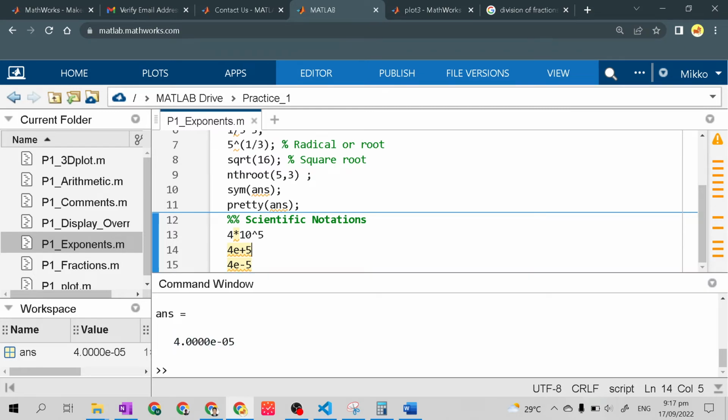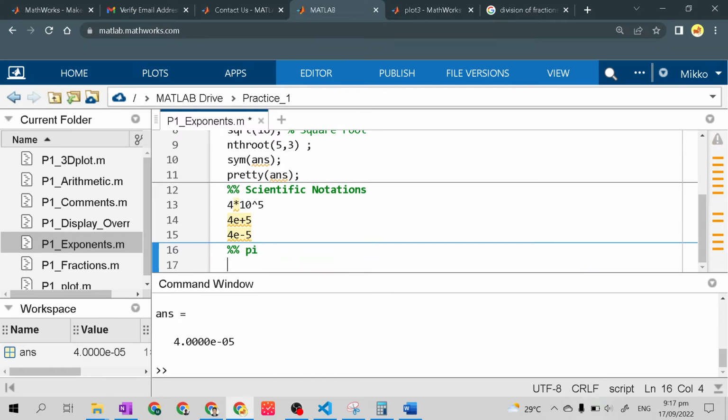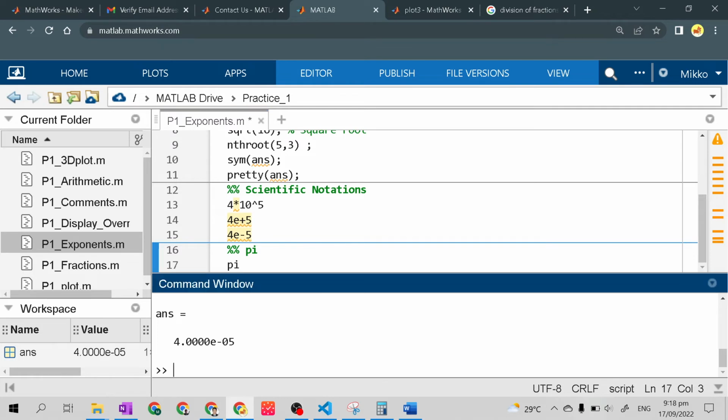Okay, so let's also include pi. MATLAB recognizes pi as pi. Okay, so CLC.